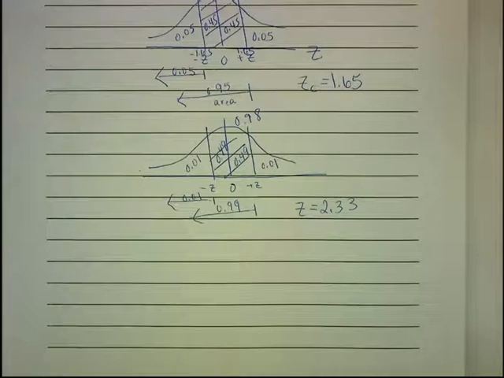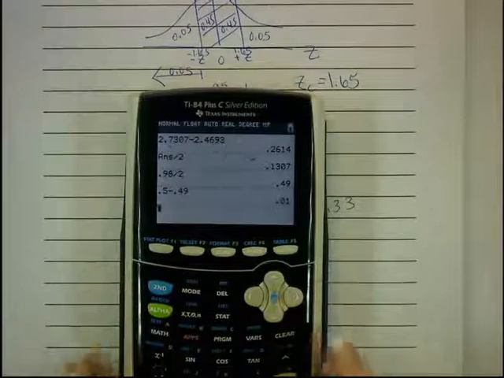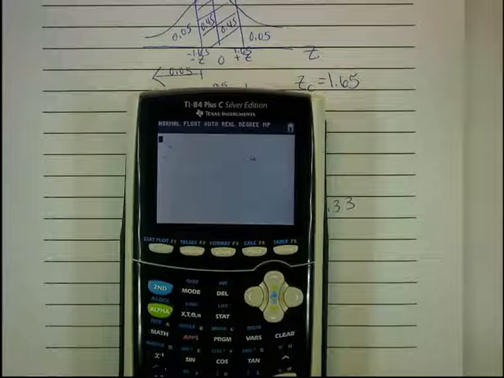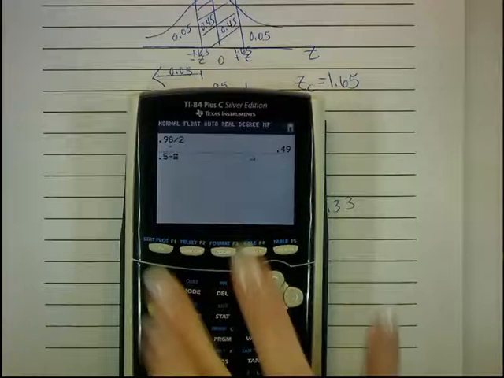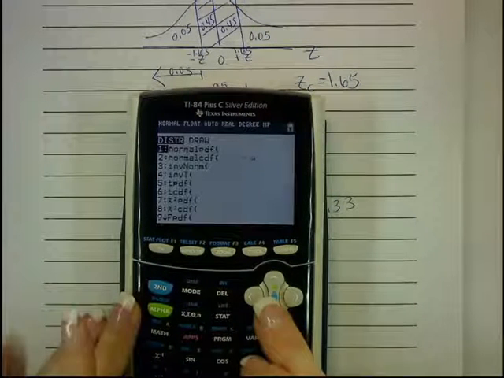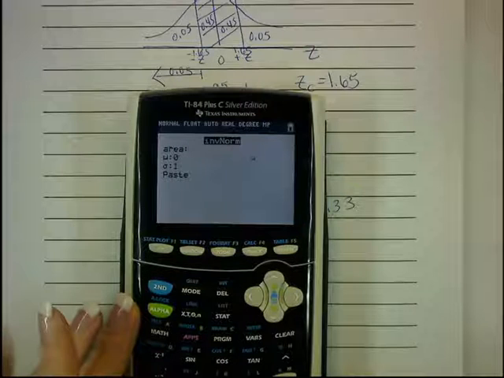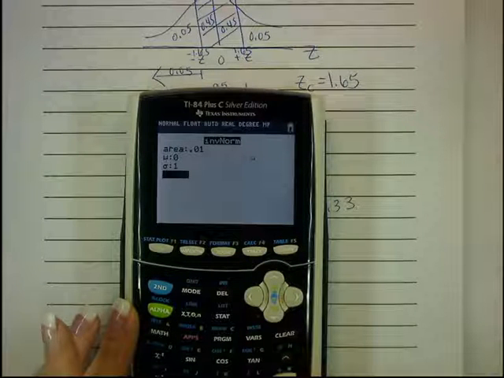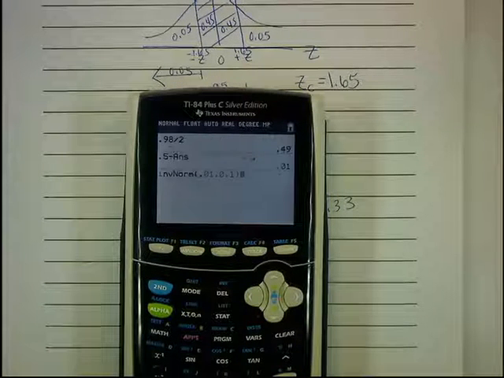If you do not wish to draw the picture as a calculator person, whatever degree I give you, like the 98, divide by 2, subtract that from 0.5, and that's the area that you look up in the two-page z-table, or go to invert norm and paste. And yes, you get a negative 2.33, but the critical value by symmetry is a positive 2.33.